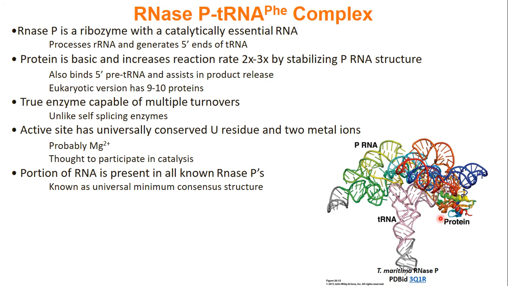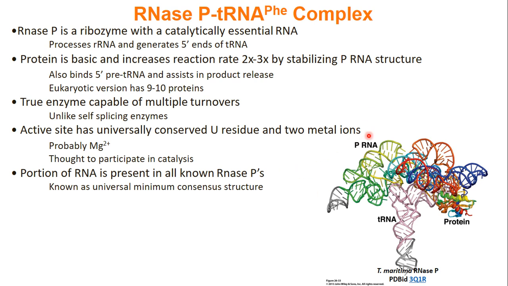Eukaryotes have 9 to 10 different proteins, so we're looking at a prokaryotic version right here. And this pRNA is like the other protein enzymes we've studied. It can do multiple reactions, not just one. The self-splicing enzymes did one reaction and they were done. But pRNA is a true enzyme. It can do many reactions.